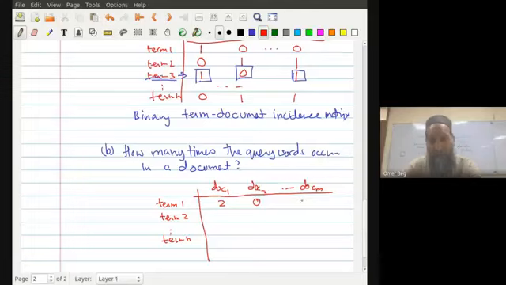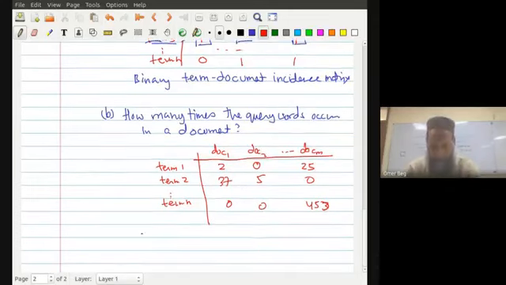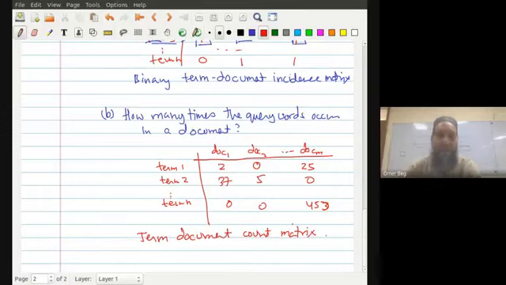If term 1 occurs, let's say 25 times in document n, then that would be 25. So essentially, instead of keeping the binary matrix, we keep a frequency matrix. This is called a term document count matrix.